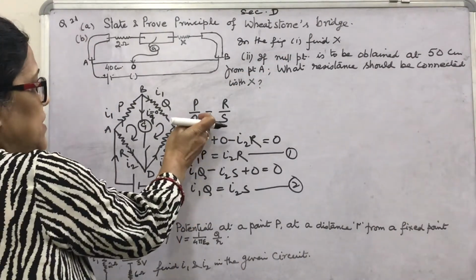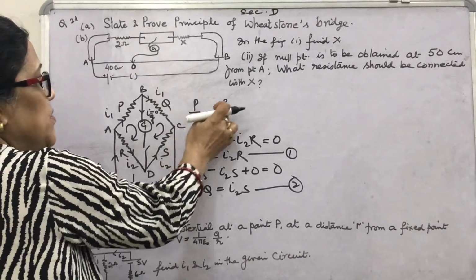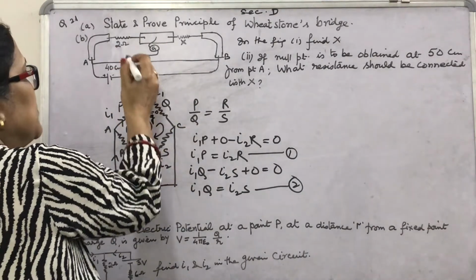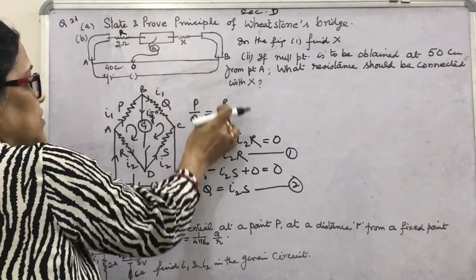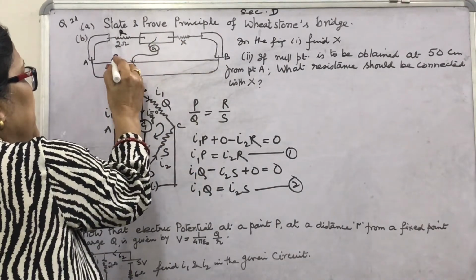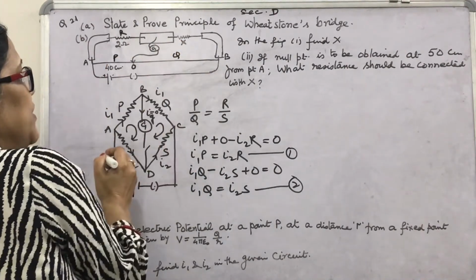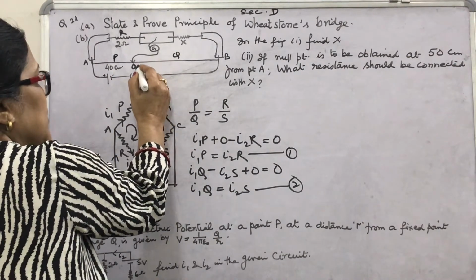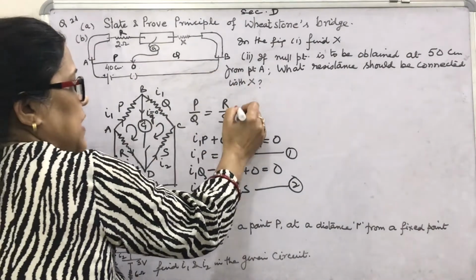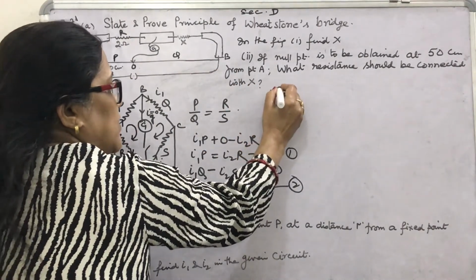Just as we have seen in part A, P by Q is R by S. Suppose this is R and this is the unknown resistance X or S, and this will be P and this remaining length will be Q. If this is 40, then what will be this length? This will be 60. So as per this condition, how will you solve the second part?